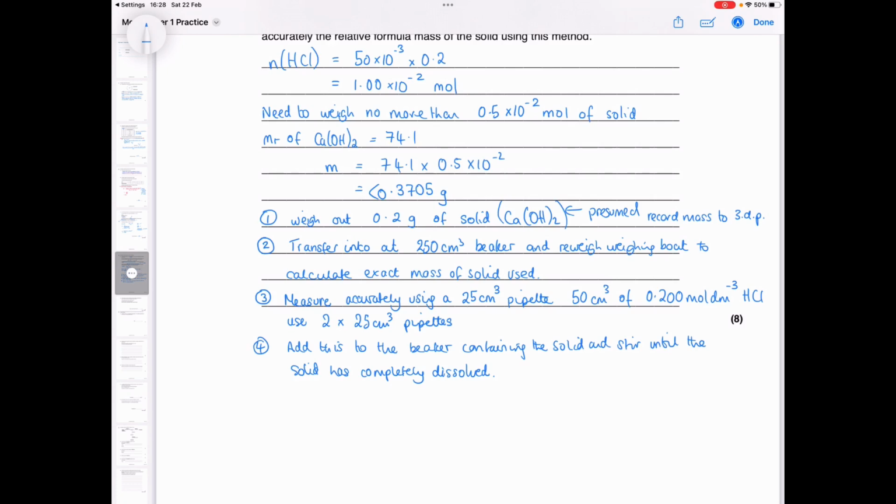Okay, and so then what I would do then is I would make that up. By this point, we've got 50 centimetres cubed. I would make the solution up to 100 centimetres cubed in the volumetric flask.